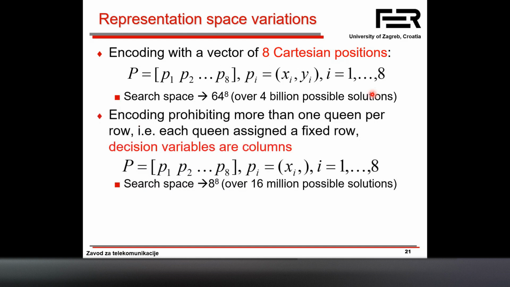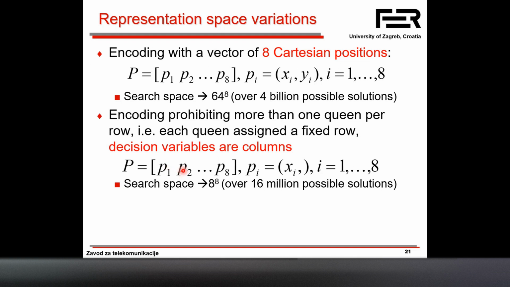Of course, we know that we are allowed only 1 queen per row, so we cannot assign, for example, 2 queens to the same row. What if we specify the solution representation as P1 to P8? This is going to be the column in which the first queen is going to be, in row 1.